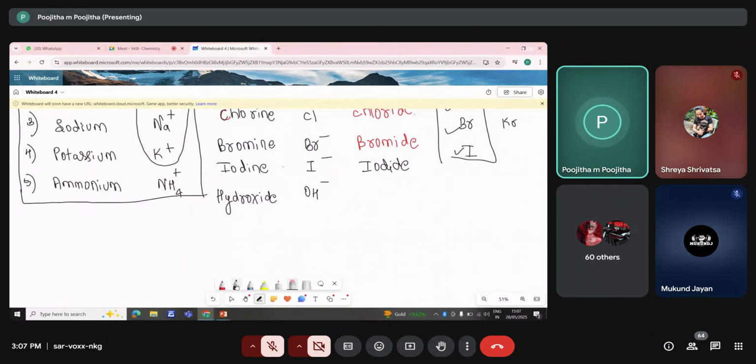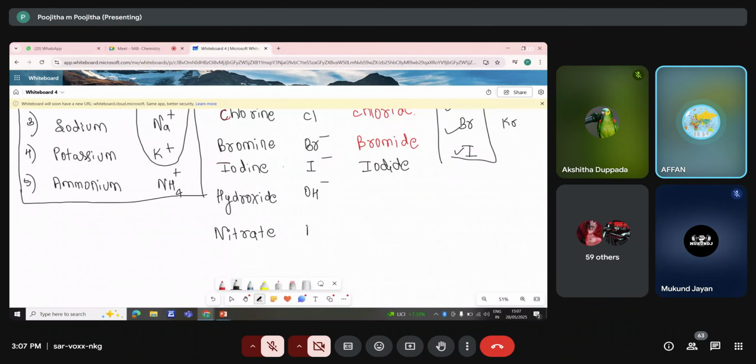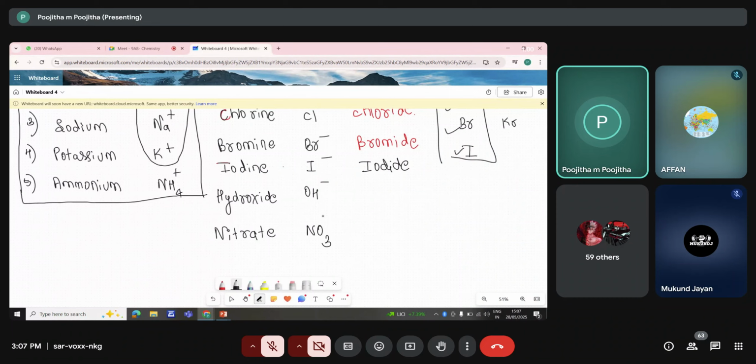Next, you learned nitrate last year, and even under the chapter on chemical reactions. Potassium nitrate on heating decomposes to give potassium nitrite and oxygen. Are you able to recollect? Nitrate, NO3 1 minus.